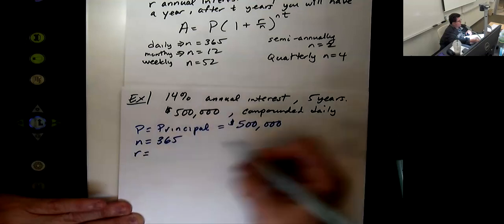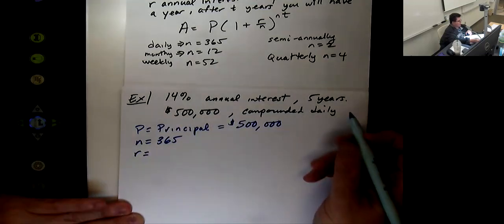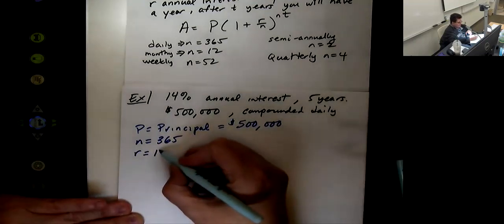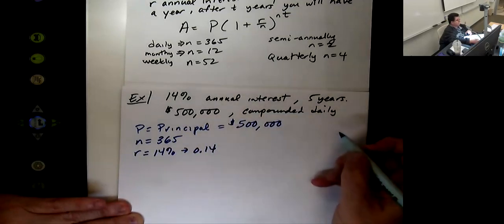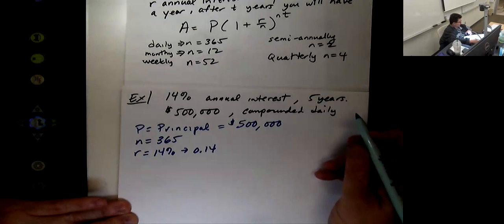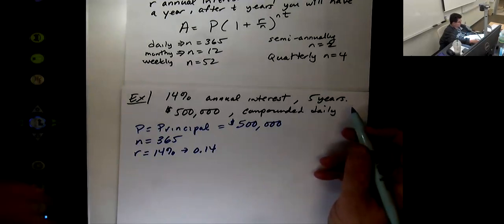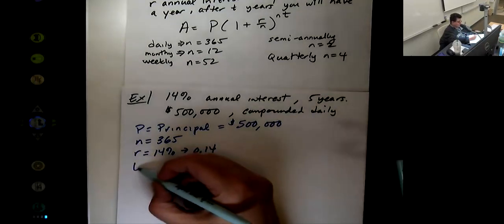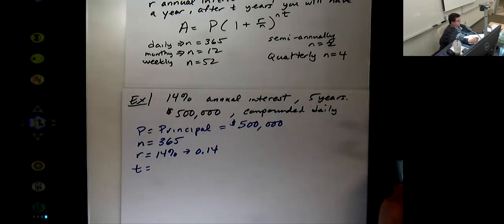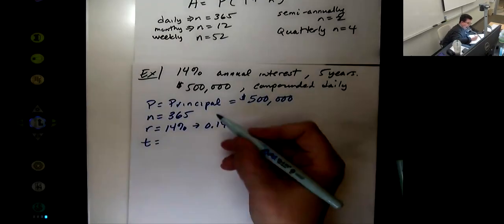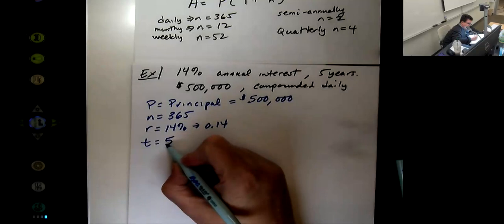R needs to be as a decimal. We don't want a percent. So 14% as a decimal is 0.14. T was chosen as 5 years.